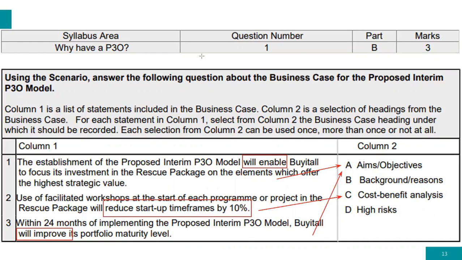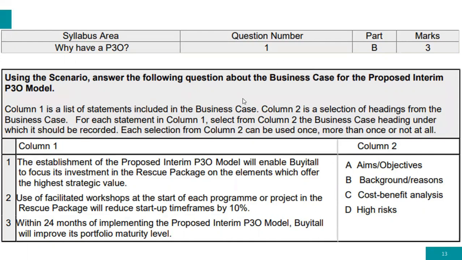So I hope this particular rationale has helped you in mapping the contents of a business case to a relevant heading. My recommendation would be, please feel free to go through the appendices in your P3O guide, and one of the appendices has some contents of a business case document, and that will really help you in understanding the contents of a business case.